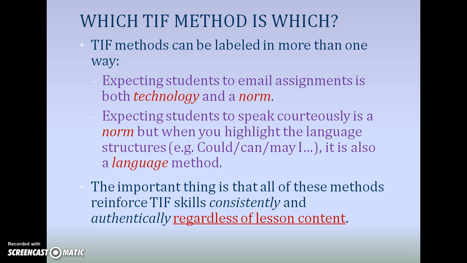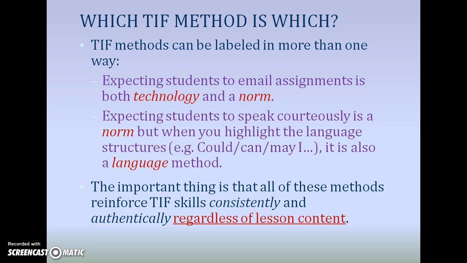TIF methods can be labeled in more than one way, however, and like I said, there's an argument to be made that all 5 of these methods could be considered routines if they are consistently used in a classroom in a process way. So how can they be labeled more than one?